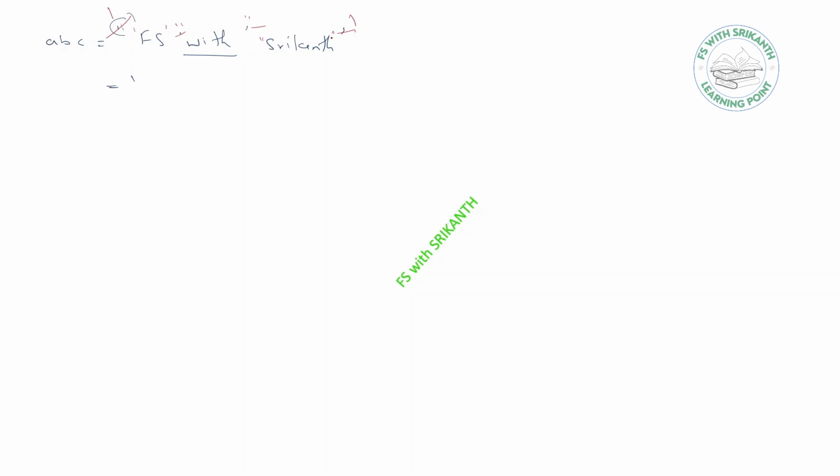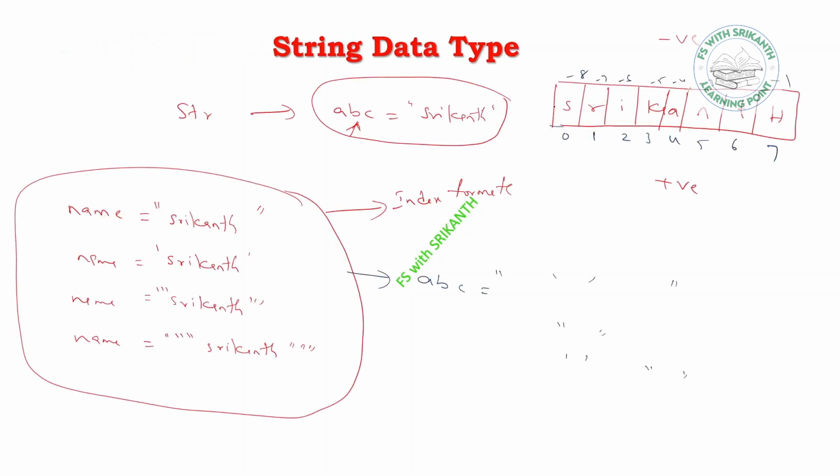Here, how are we accessing these string values? With the help of index values. Suppose I print name, the value will be printed as Srikanth.